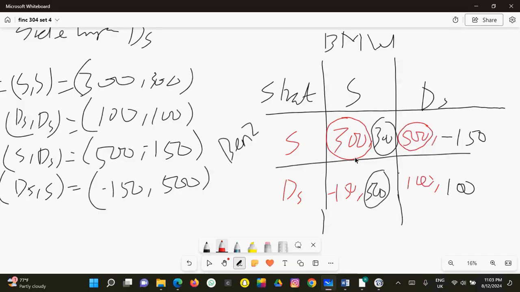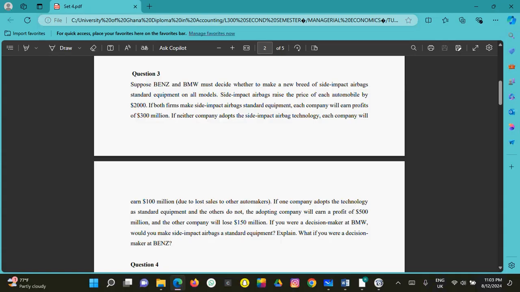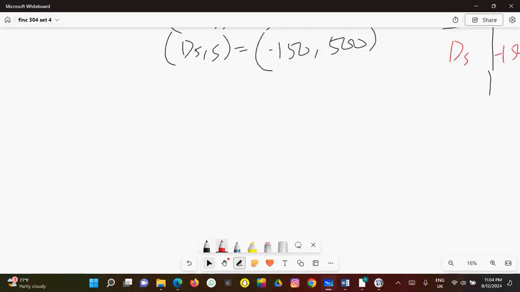So you see, there's a dominant strategy here and there's a Nash equilibrium here. The dominant strategy is 300, 300, which is making the side impact airbag. So if you were a decision maker for BMW, would you make the side impact airbag? Yes.